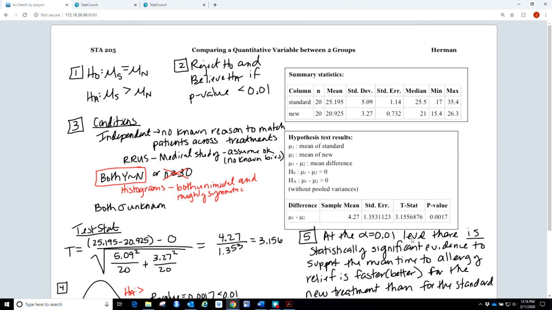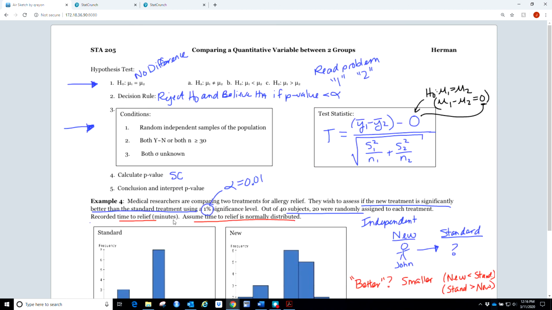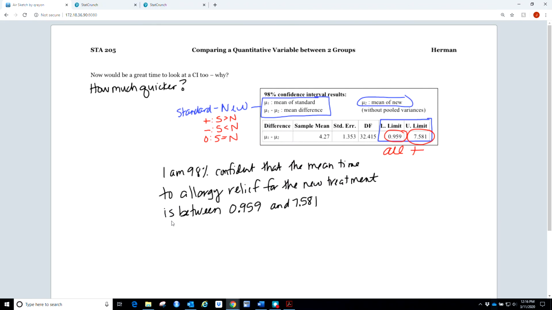What were my units? Minutes. Faster than for the standard treatment.